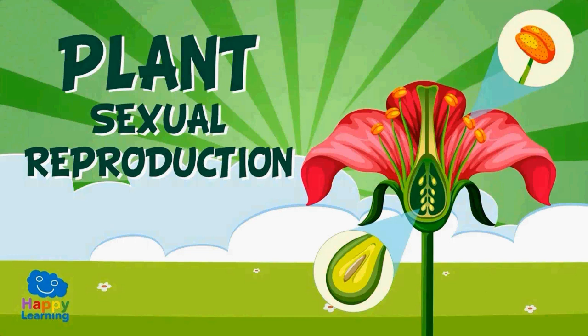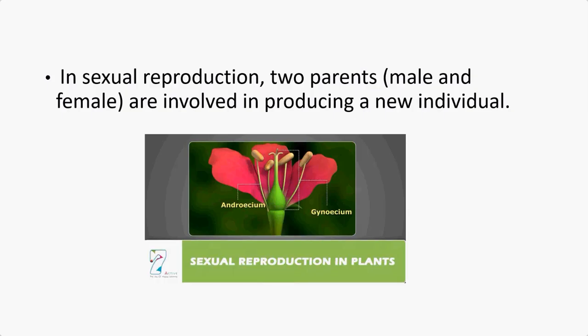Natasha has a question, ma'am. What does sexual mean? Yes, good question. Sexual means a reproduction process where two parents, male and female, are involved. There are other types of reproduction where you don't need two parents. There are single-celled animals and single-cell bacteria, and their reproduction is different.